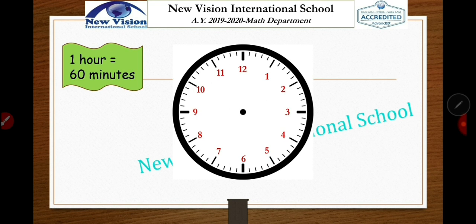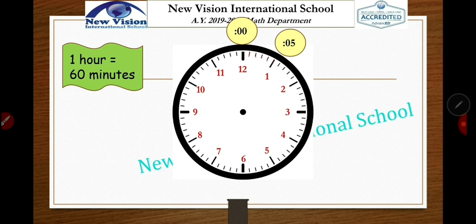Now let's go to the minute numbers. For 12, we have the 00. That is for the minute. For 1 we have 5. Just skip count by 5 in every number. Always notice that there are small lines there. As I told you in the first video, you have 1, 2, 3, 4, 5.